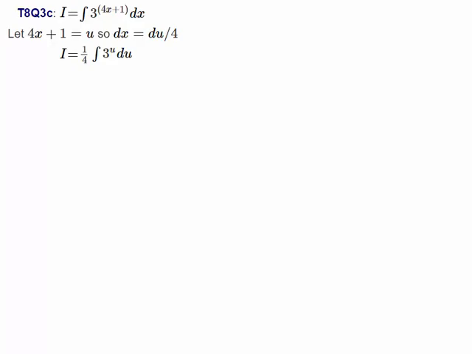This integral can be found on the table of standard integrals to be 3ᵘ over 4 log 3. If we substitute for u, we get 3^(4x+1) over 4 log 3 plus a constant of integration.